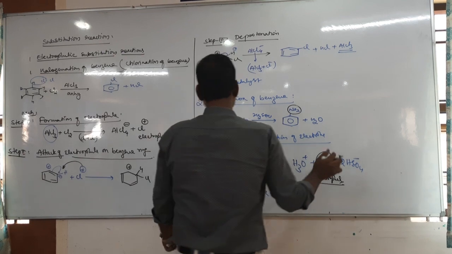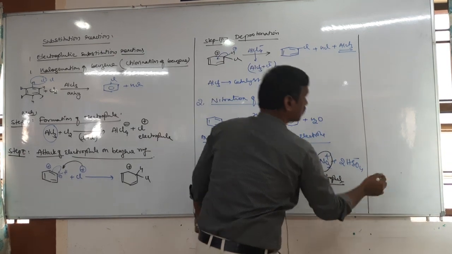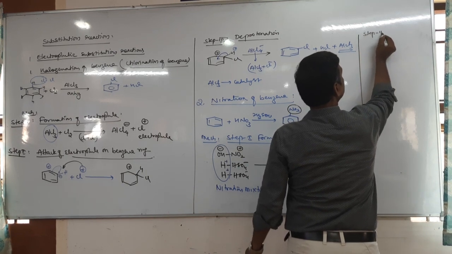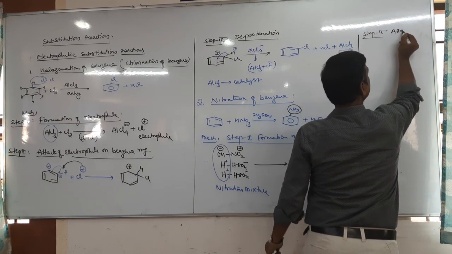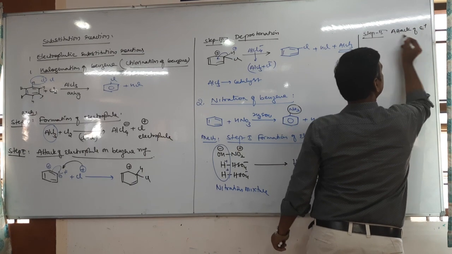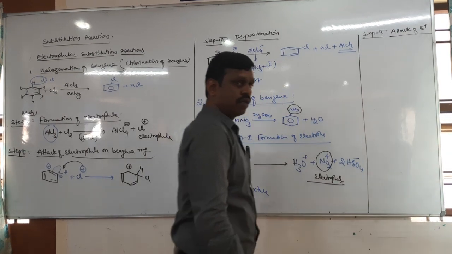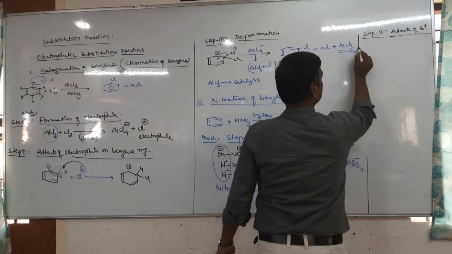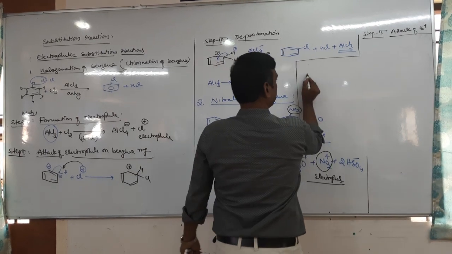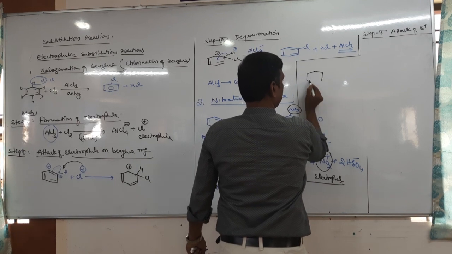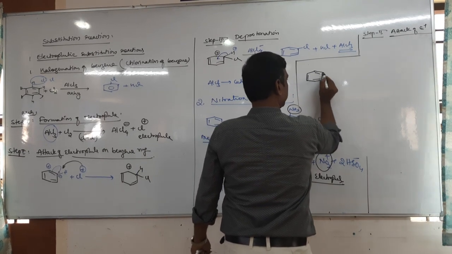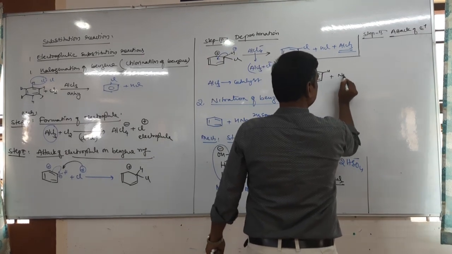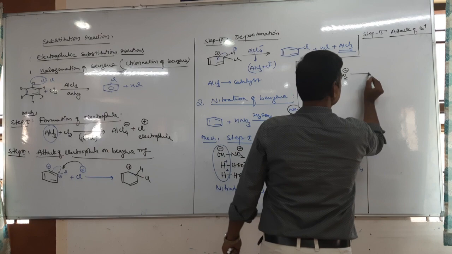Okay. Next, second step. Tell me, what is the second step? Attack of the electrophile. There is a benzene ring containing 6 carbons and 6 hydrogens. Let us take one hydrogen, I'll show here. Then NO2 plus.